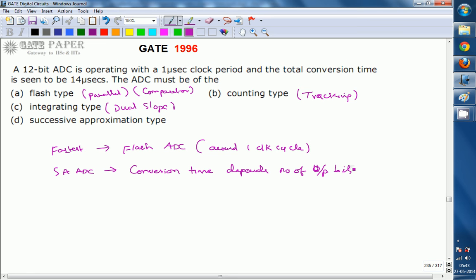The conversion time depends on the number of output bits, and it doesn't depend on the input magnitude.